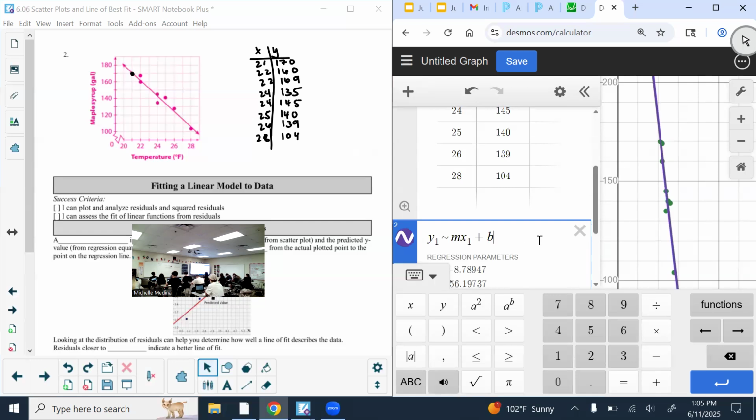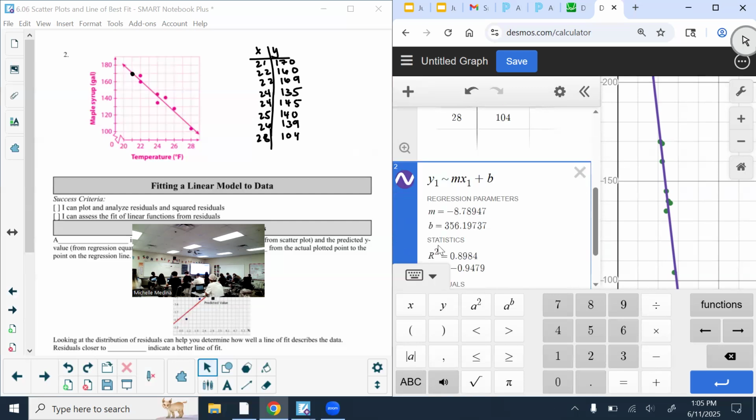Okay, good. So the little squiggly under the escape button, hit shift and hold that button down until it makes it. It should generate some statistics right here, and it should make a line down the middle of your data.